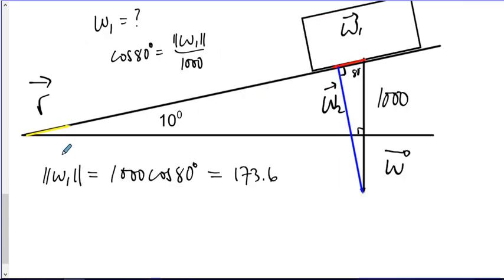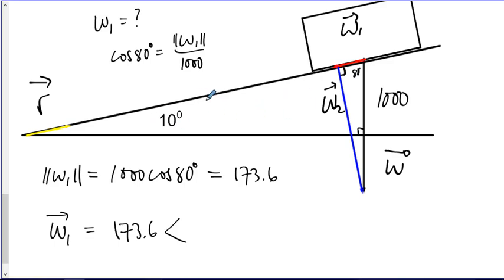And then if you wanted to actually write the vector, you could just say the vector W1 is this magnitude 173.6, and then times a vector that is opposite to the ramp vector. But you can't use the angle 80 directly, because 80 is not an angle in standard position.